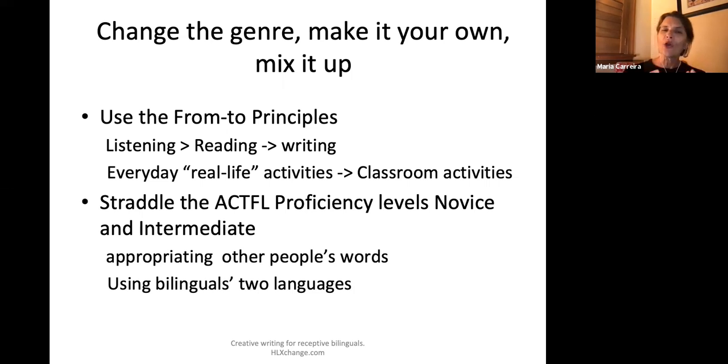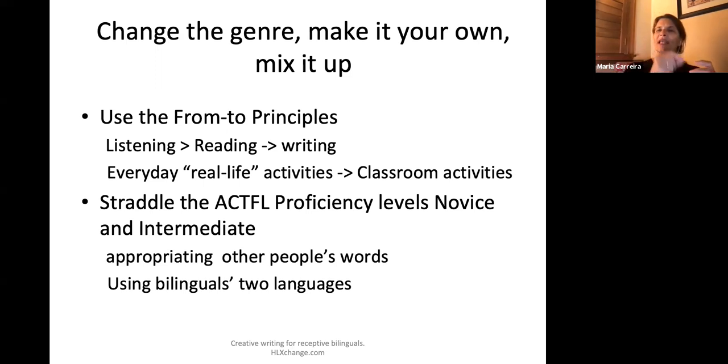And I'm going to show you how the from-to principles can help you use real-life activities to design classroom activities that build on the functional skills that receptive bilinguals bring to the classroom. These activities also have the property of straddling the actual proficiency levels novice and intermediate.